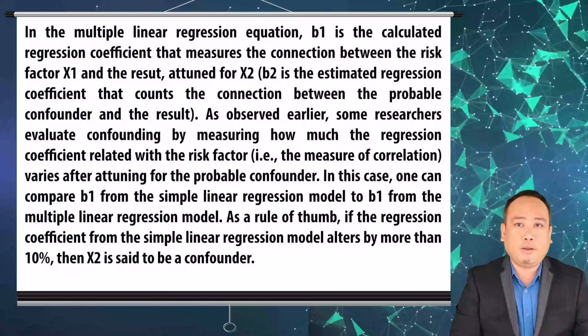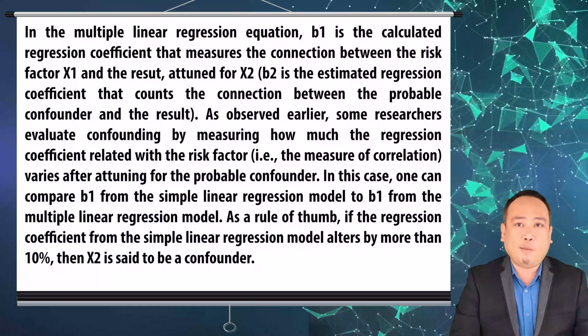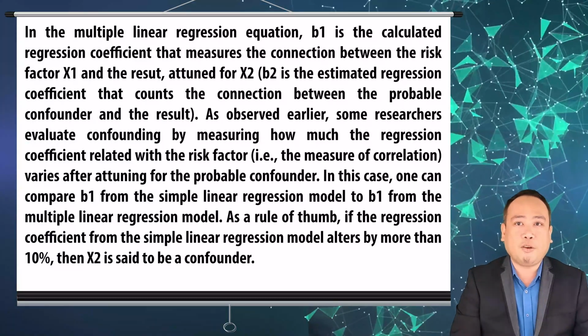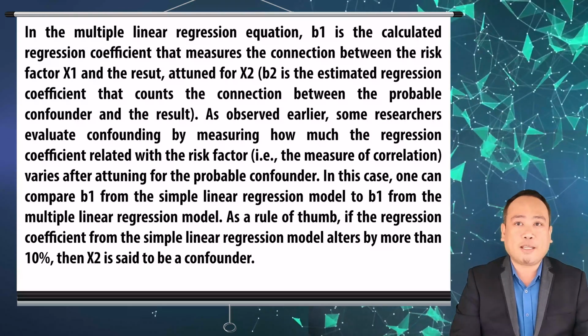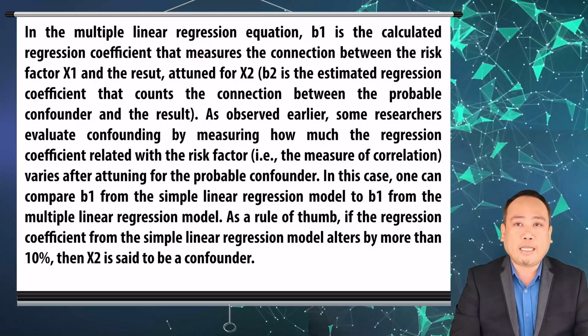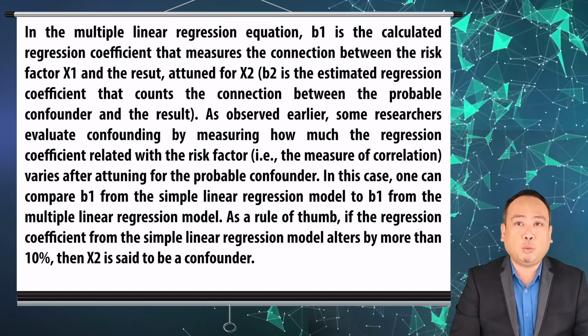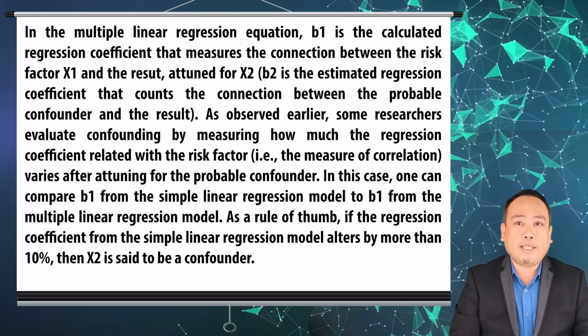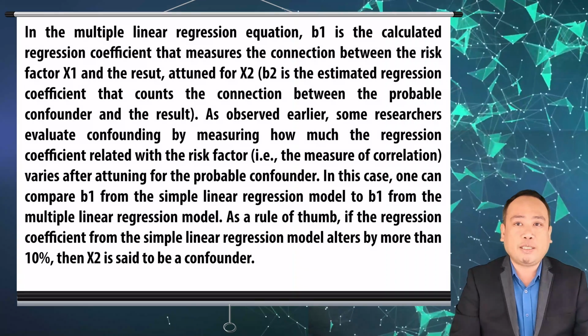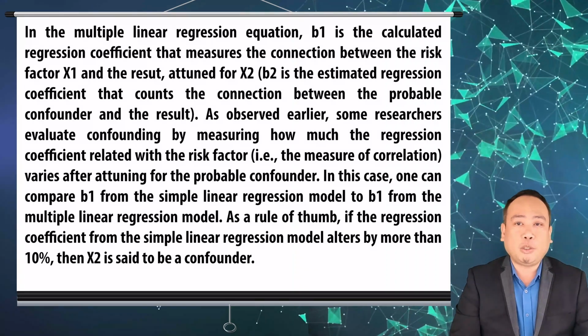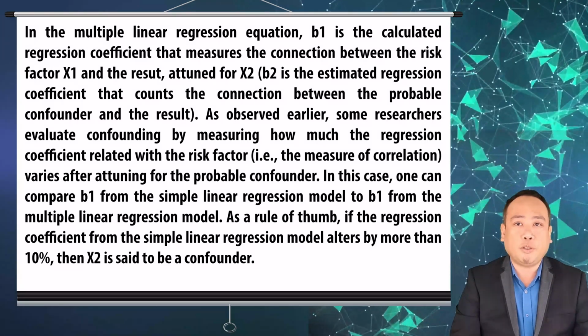In the multiple linear regression equation, b sub 1 is the calculated regression coefficient that measures the connection between the risk factor x sub 1 and the result adjusted for x sub 2. B sub 2 is the estimated regression coefficient that measures the connection between the potential confounder and the result.